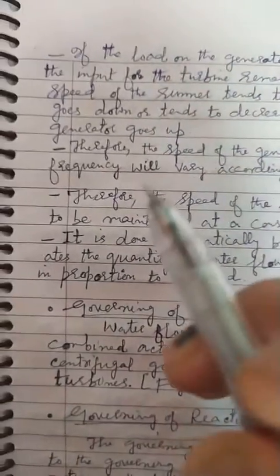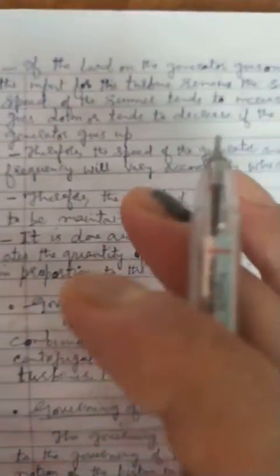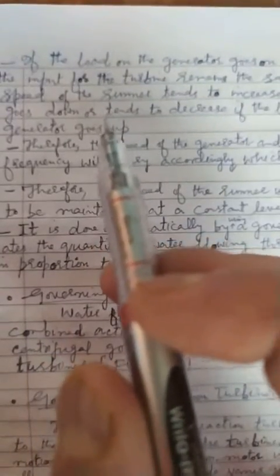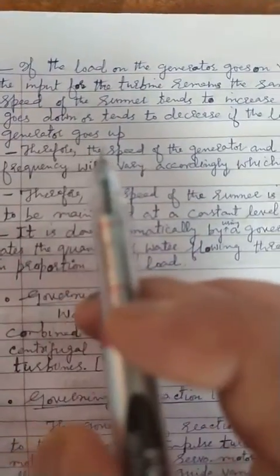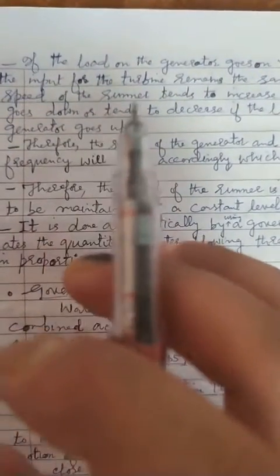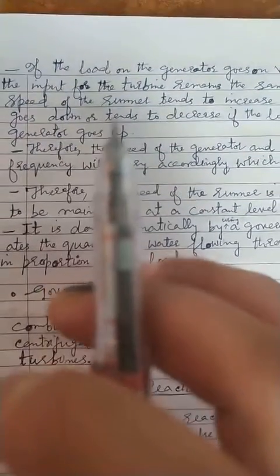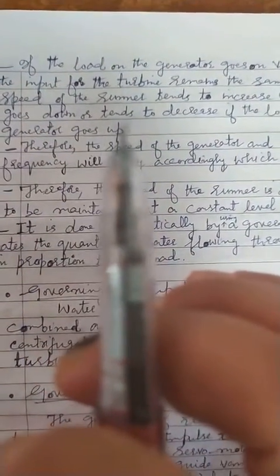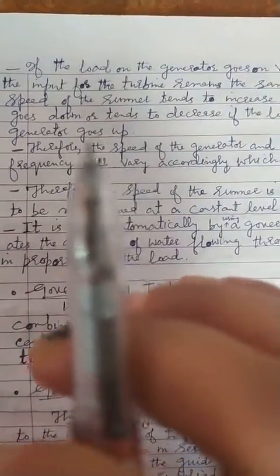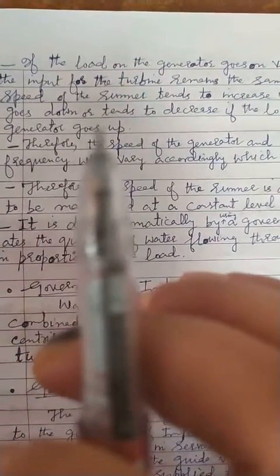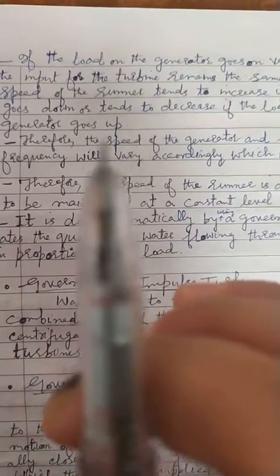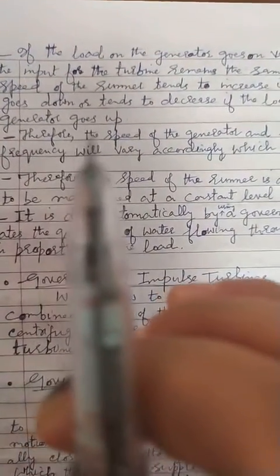ठीक है. So if there are fluctuations in the load of the generator, then there are also fluctuations in the speed of the runner, and to maintain the speed of this generator we are dependent on the speed of the runner, and to maintain the speed of the runner we have to maintain the quantity of water supplied at different fluctuations. ठीक है.